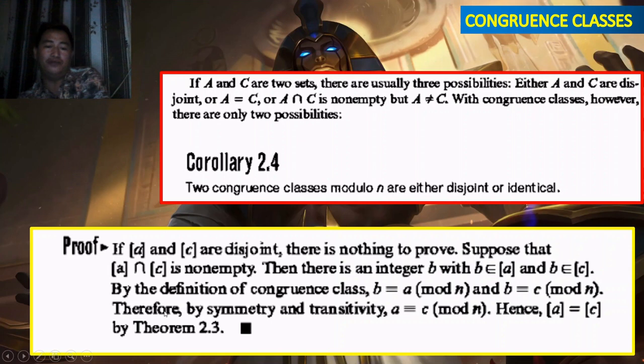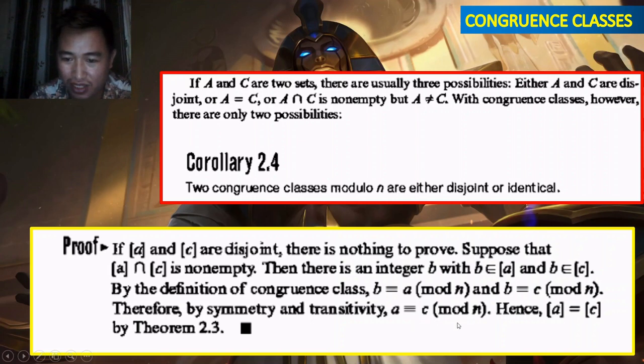Therefore, by symmetry and transitivity: A is congruent to b mod n, and b is congruent to C mod n. Applying transitivity, A is congruent to b and b is congruent to C, therefore A is congruent to C mod n.